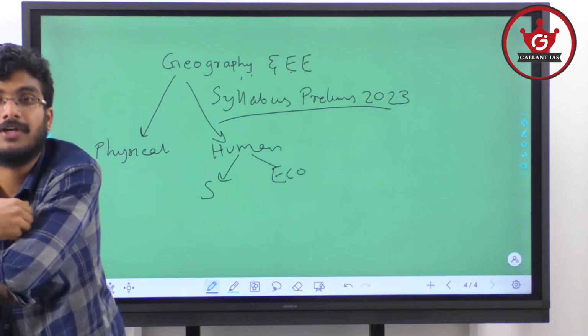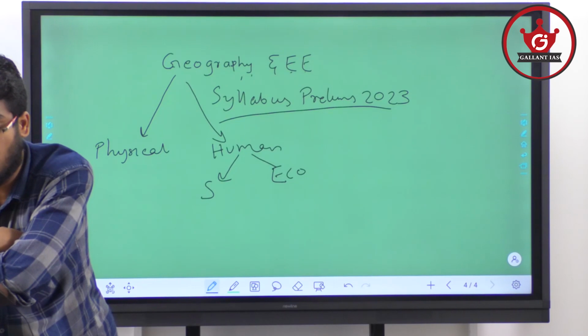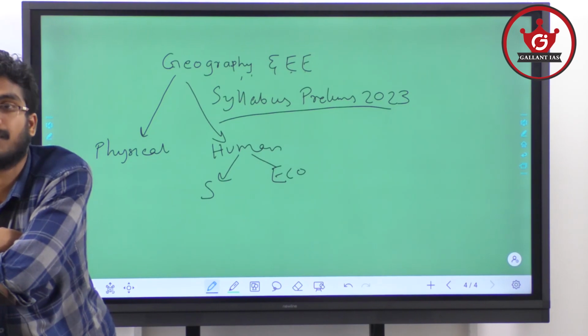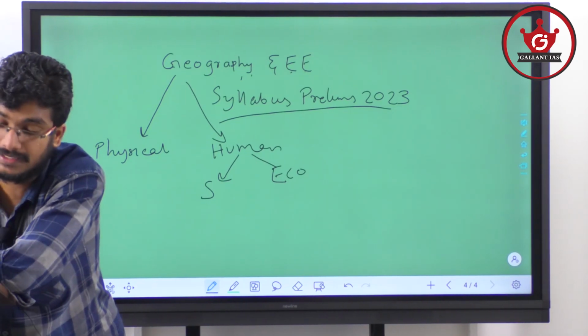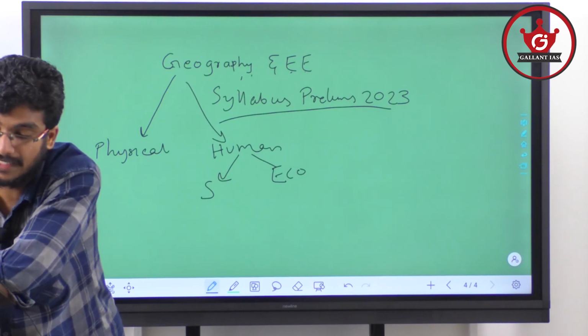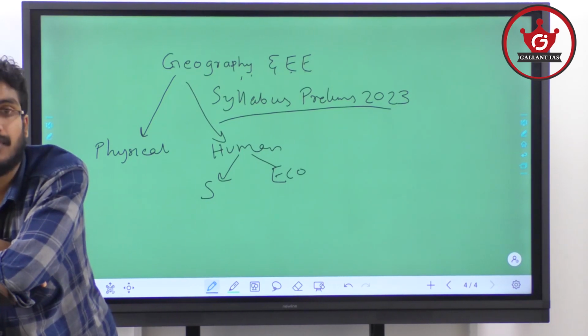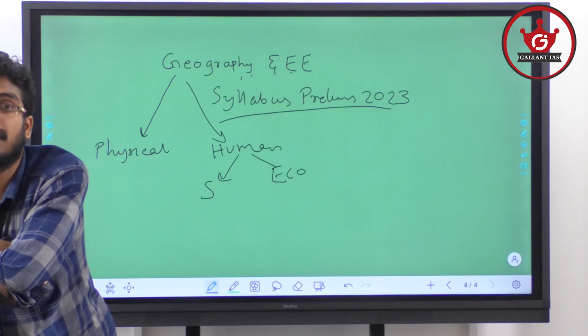So you need to prioritize topics. Now we'll go through what is important that you should focus on more. One topic is oceanography. In oceanography, there is ocean relief, marine resources, ocean deposits, and you should have heard of polymetallic nodules and all. Those questions they ask, and there are instances of around 3 questions.